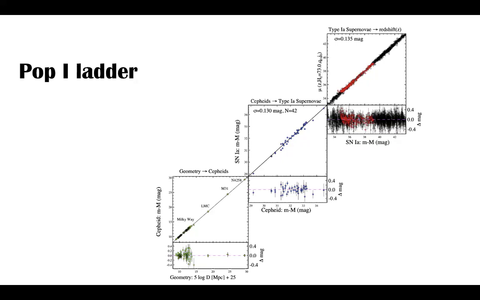And then once you have a zero-point calibration of your supernovae, you can go out to large distances beyond any peculiar velocity contaminations to velocities, and end up getting the Hubble constant value that way.